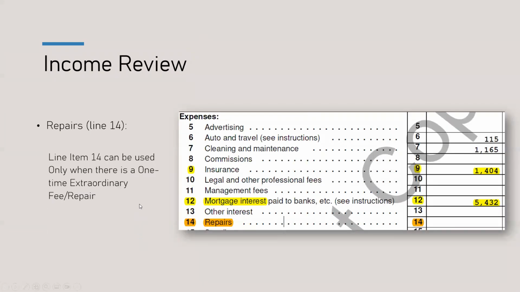So repairs, the reason why you do want to make sure you're taking a look at your repairs is because you actually can give that back to your borrower. How? By a one-time extraordinary fee or repair. I had a situation where I had a borrower who had rented a property, and when the tenants moved out, he was told by the city that there was a tree where the roots were starting to cause foundation issues.